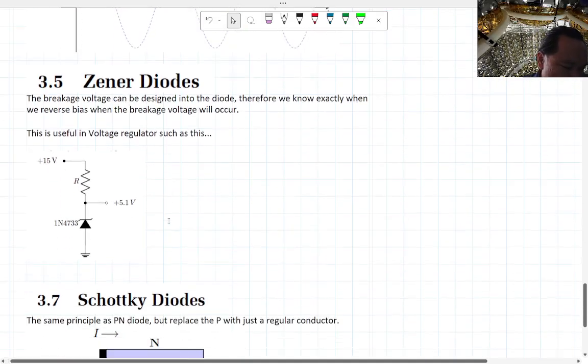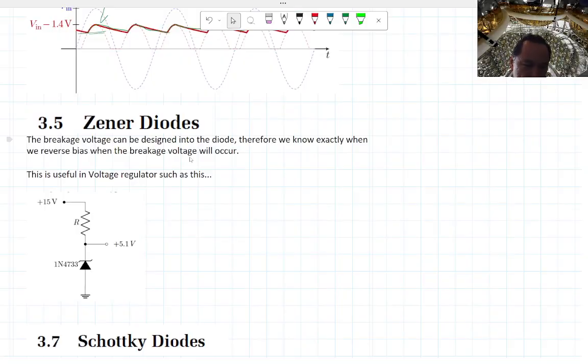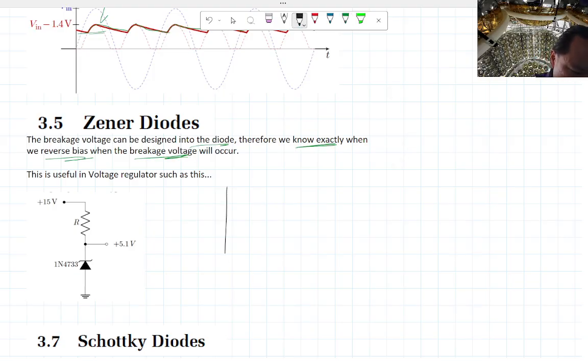So there are other types of diodes out there that are not just the PN junction. The Zener diode is a PN junction, but it's designed for a special use. It's designed so that we know exactly where the reverse bias breakdown voltage is going to be. So remember, this is how a diode behaves on the IV plot.